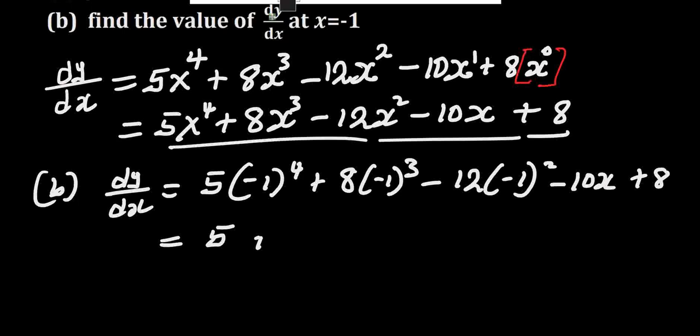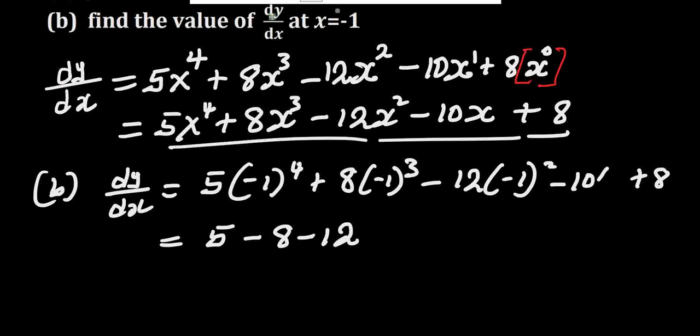So this will become -8. And -1 squared is +1, and +1 times -12 is -12. And then let's replace x by -1.